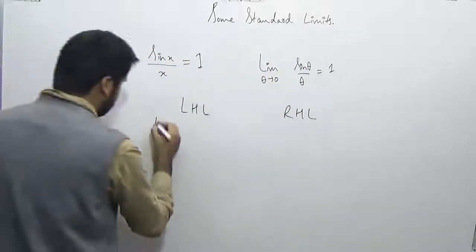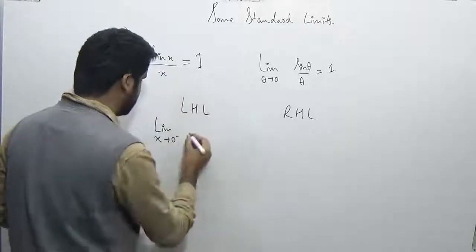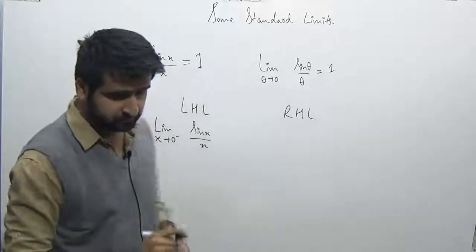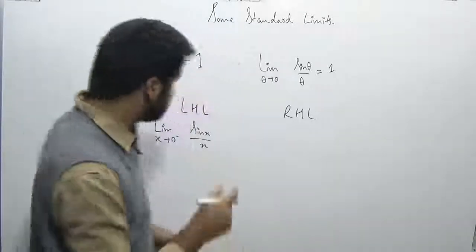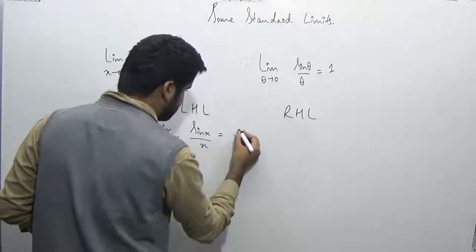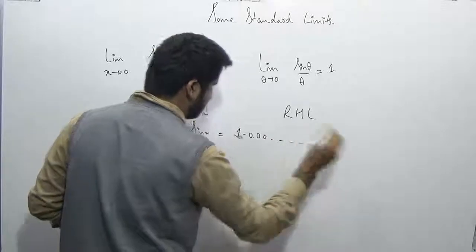In case of the left hand limit, which is denoted by 0 minus, sine x upon x comes out to be a little less than 1. So this will be 1 minus 0.0000 something.